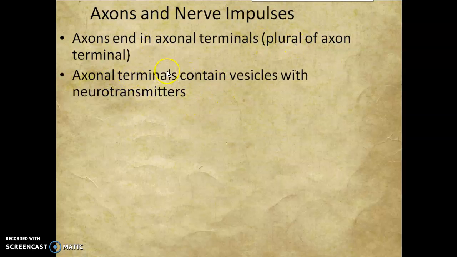And at these axonal terminals, they're going to contain vesicles with neurotransmitters. Now we talked about neurotransmitters, and if I were in class with you, I would ask you what the neurotransmitter was in your muscle cell project, and hopefully you would say, oh, it was that word that I had trouble saying, but there's an abbreviation. It was acetylcholine, or ACH.